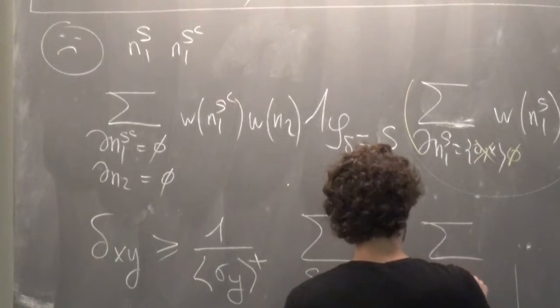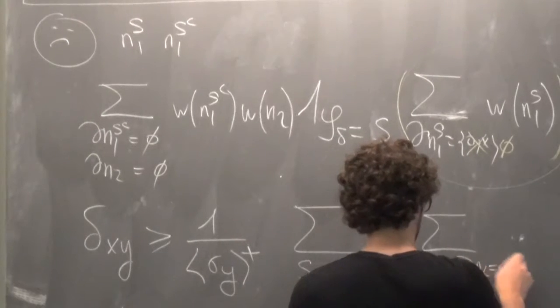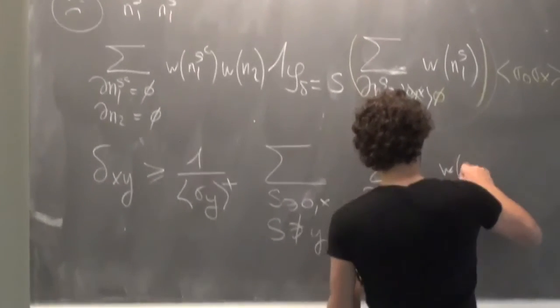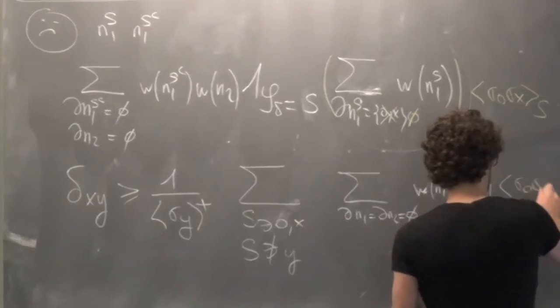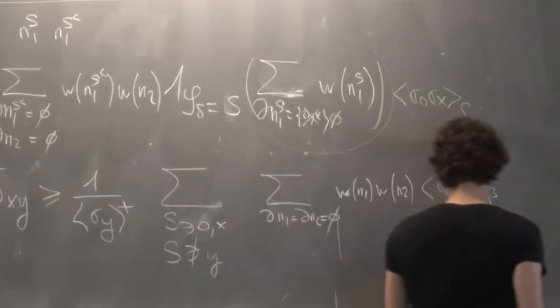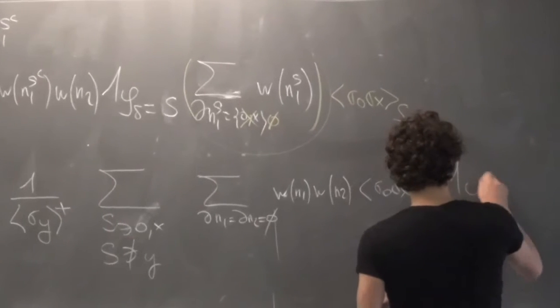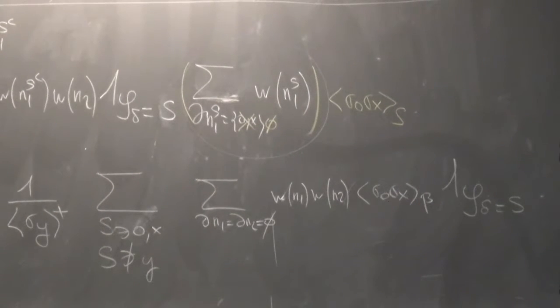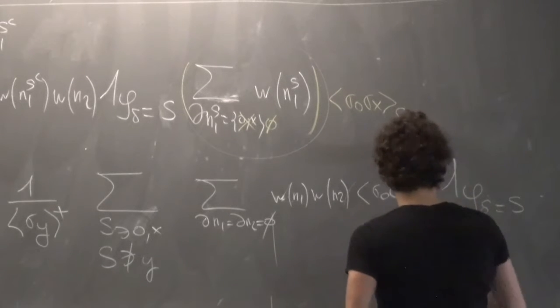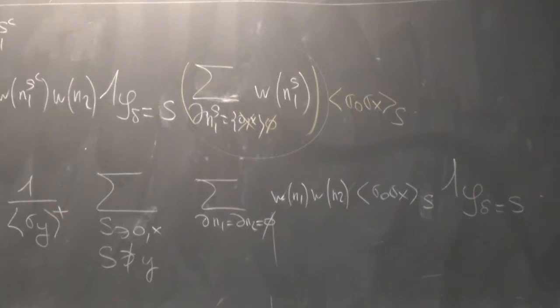Now the currents are sourceless, which is perfect for us. Wn1, Wn2, sigma 0, sigma x, beta, and we get the indicator as delta equal S. Sorry. Okay? This is a combination of everything.